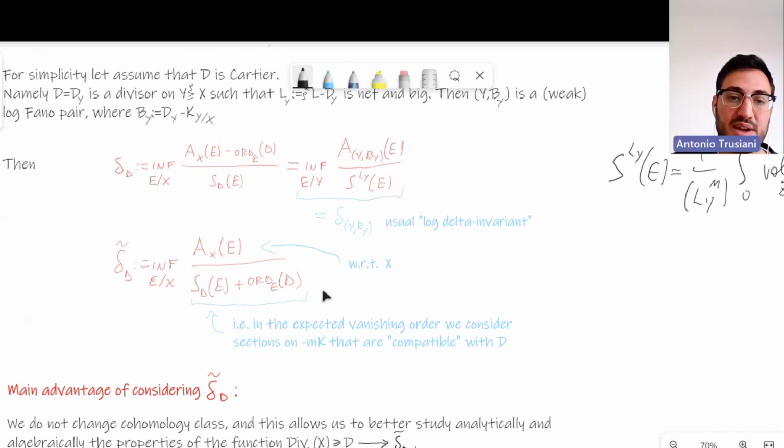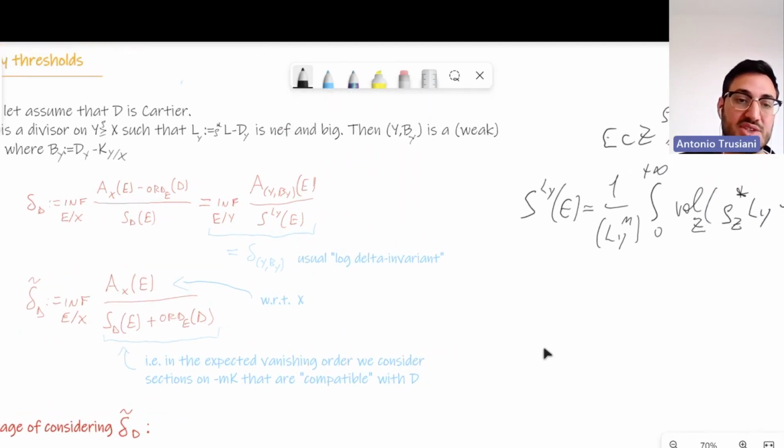But here in the numerator, we have some expected vanishing order that considers sections that are compatible with D. With this, I mean that our sections respect the divisor D. So when you consider this expected vanishing order, you construct it starting from sections, and you want the sections to have some fixed part along D that you then just sum.